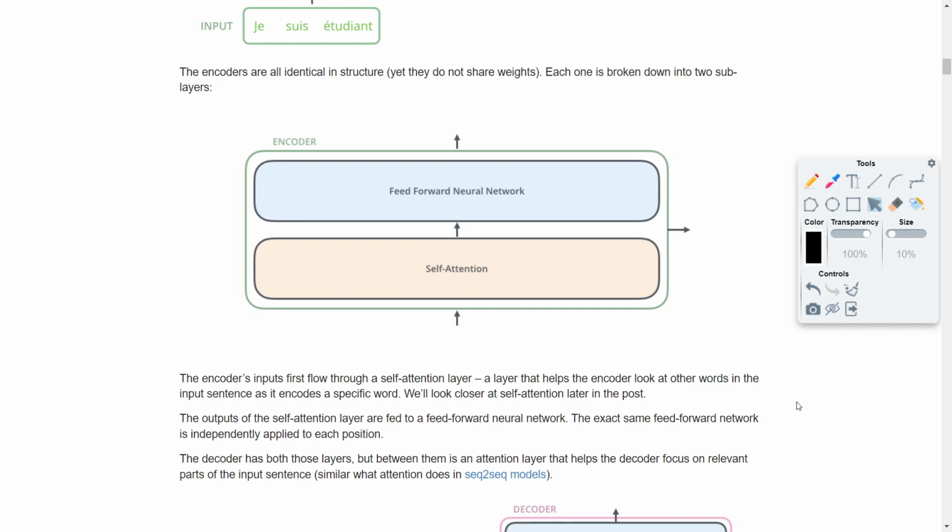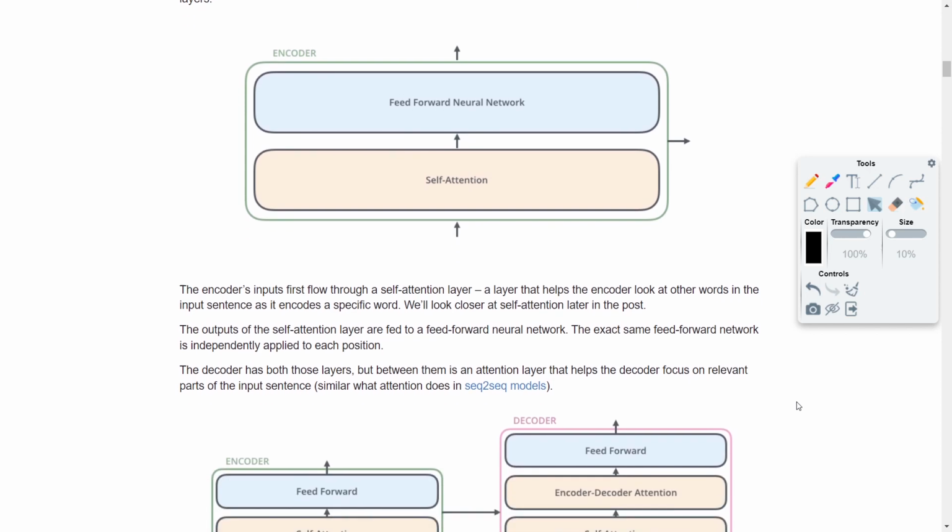For the input that we have, we pass that input to the self-attention layer. The output of that layer is passed into a feed-forward neural network, and this output we pass on further. Maybe we can give this as an output after processing, or maybe we can pass this output to the decoder block that we have.